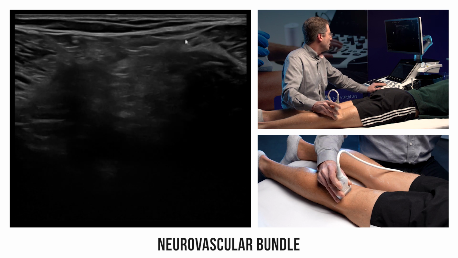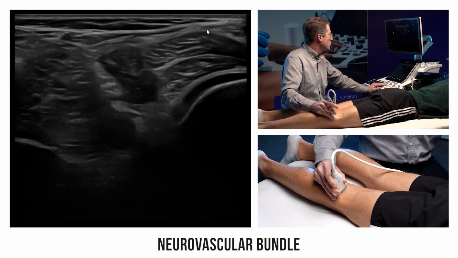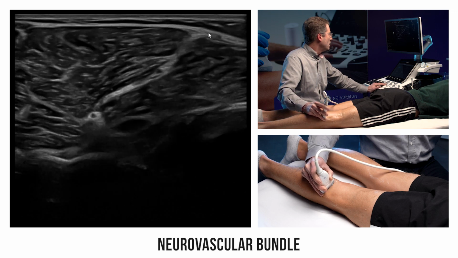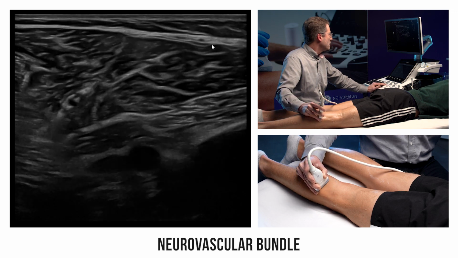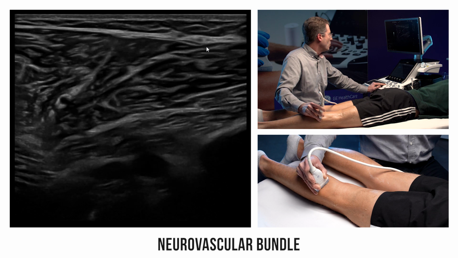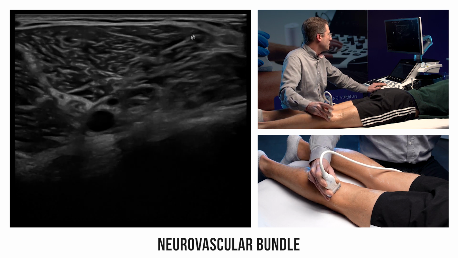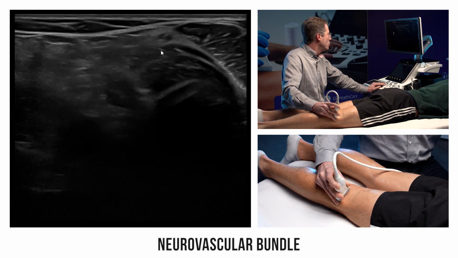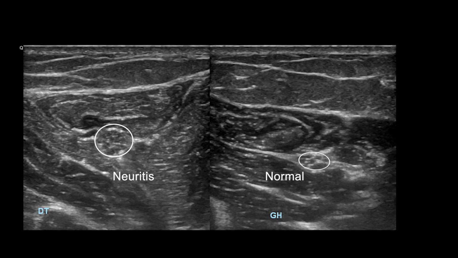This common fibular nerve will give a small branch, the lateral sural cutaneous nerve. At this level, we can look for nerve thickening, suggestive of neuritis, or extrinsic compression, but also a potential tumor such as schwannoma.